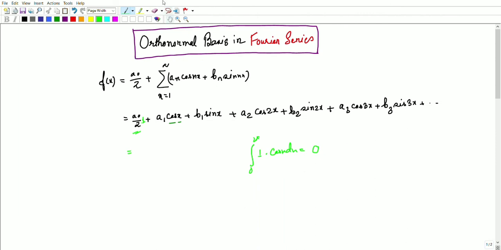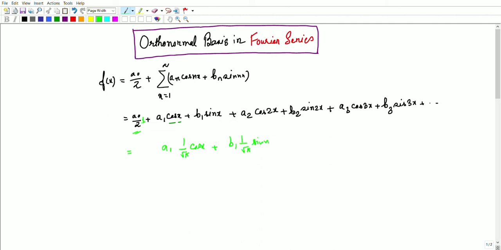Okay, so now we have to compare this Fourier series expression with that vector representation. Therefore I am making this orthonormal. Okay, so suppose we write this like this: a1 times 1 by root pi cos x plus b1 times 1 by root pi sin x.